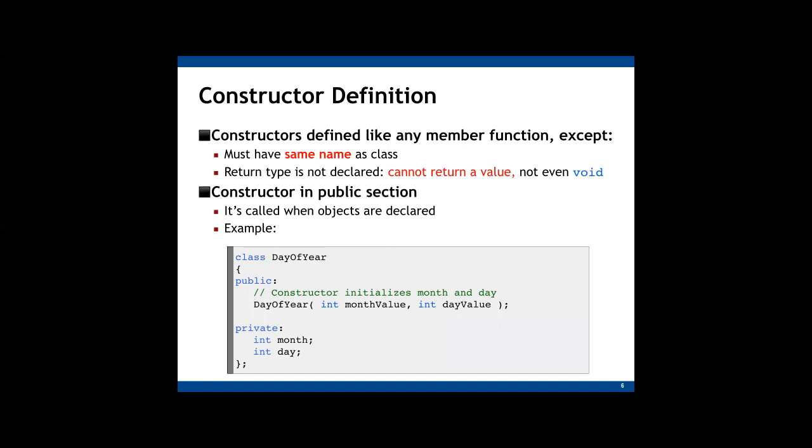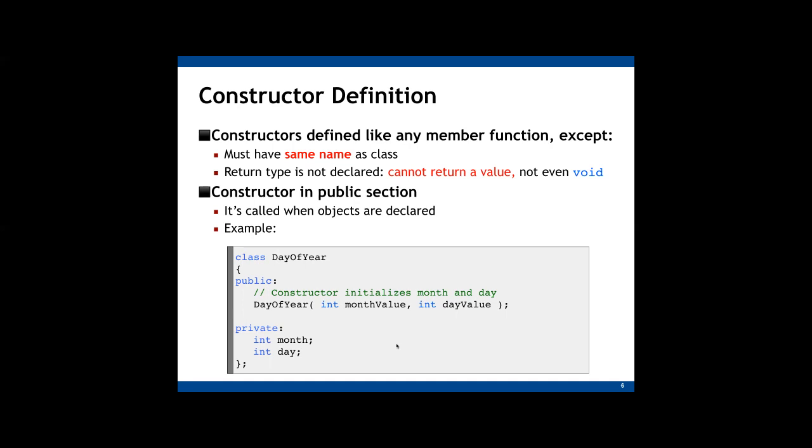And because a constructor is also a member function, you can define a constructor just like other member functions in your class definitions. But the name of the constructor must be the same as the class name, and the constructor does not return any value, not even void type. So you cannot declare the return type of the constructor. These two are the main differences between a constructor and other ordinary functions.